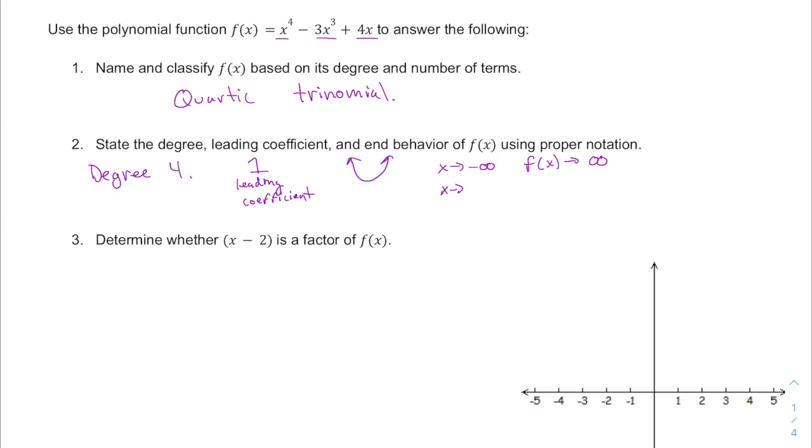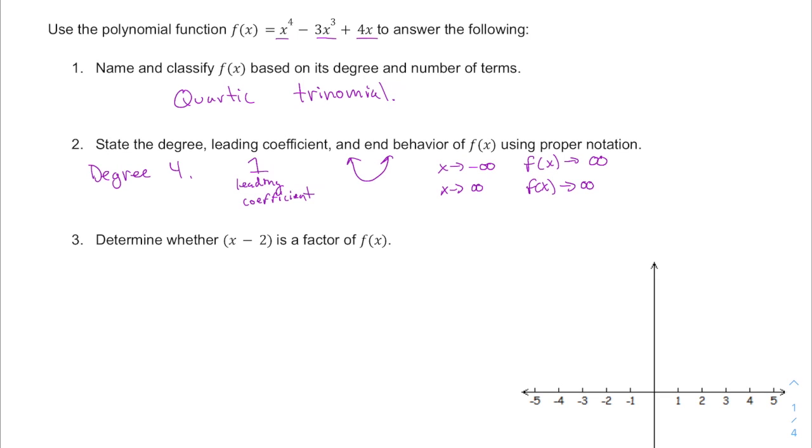And as x goes to infinity, f of x also goes to positive infinity. So the idea is as we put in larger and larger or more negative values of x, either way, our outputs are going to get increasingly large. They're going to go up and up and up towards infinity.